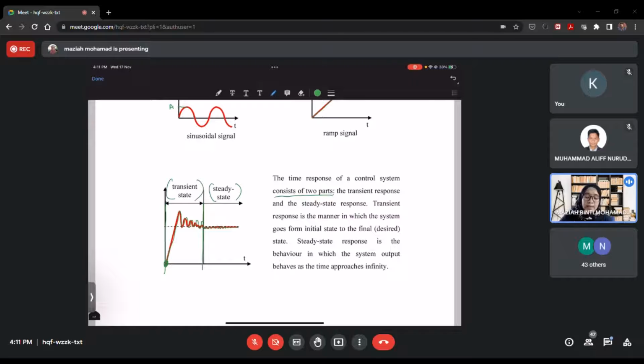Normally the transient analysis will be represented by the dynamic transfer function, the one that you derive from the ODE and so on. That one will explain the behavior of the transient state.